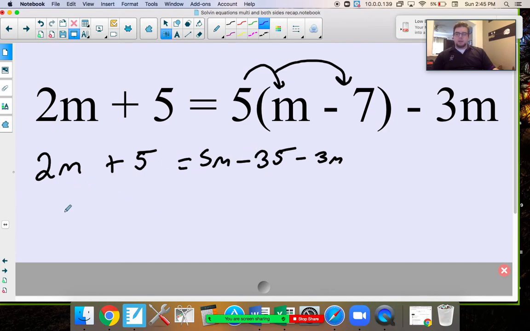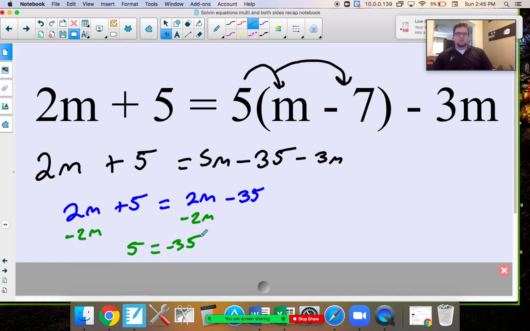I combine my like terms, so I get 2m plus 5 equals 2m minus 35. I subtract 2m from both sides, and I get 5 is equal to negative 35. I notice right there, that's not true. We have a no solution.